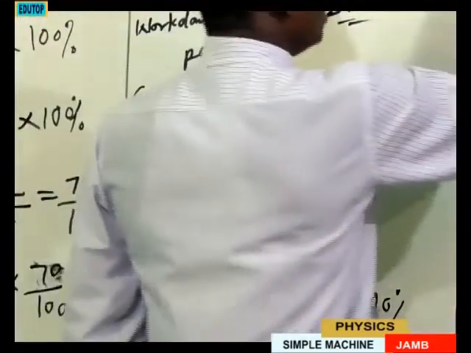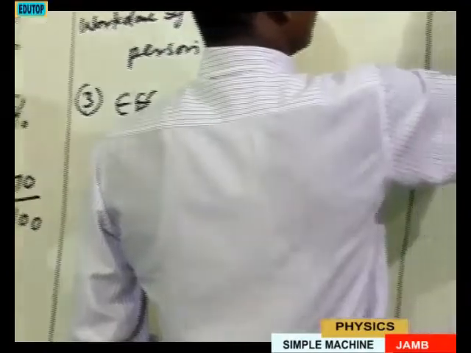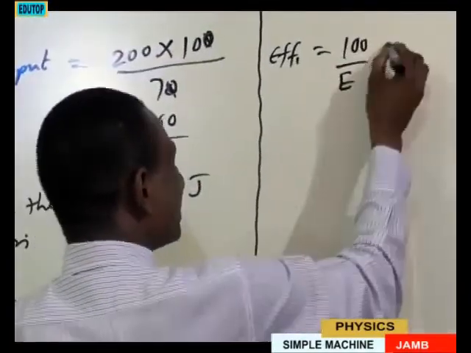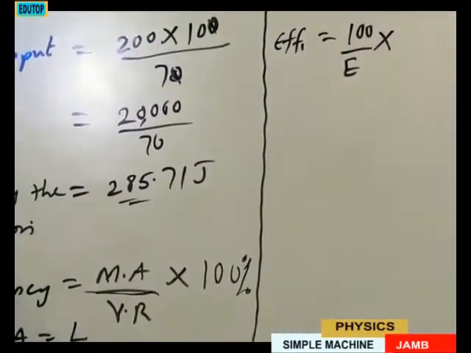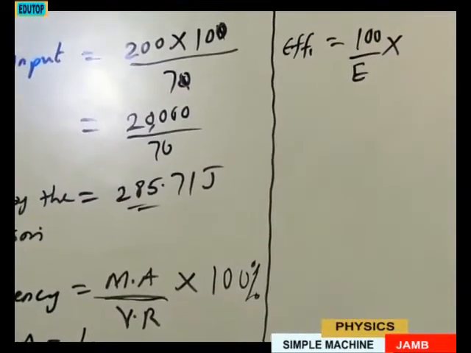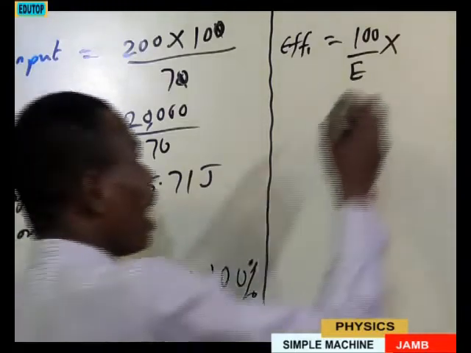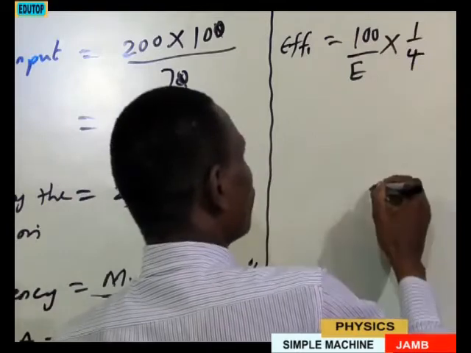Okay? So the efficiency will now be equal to 1000 over effort times, I want to change this division to multiplication, and once I do that, the denominator will move up, numerator will move down. It's going to be 1 over 4.